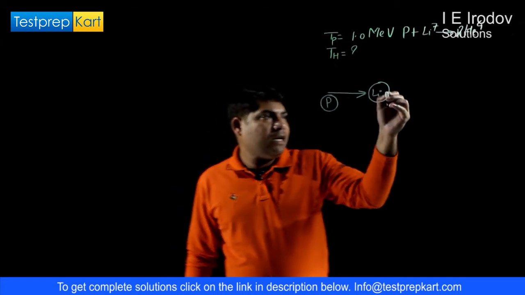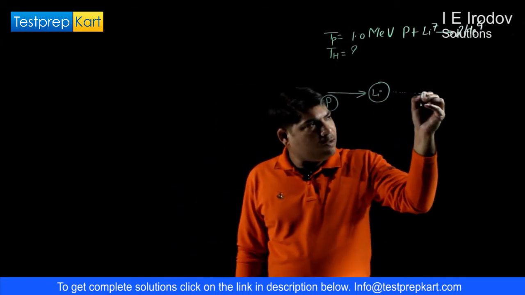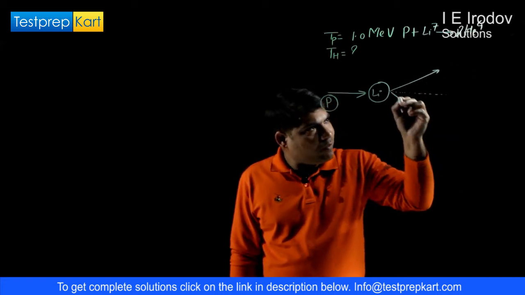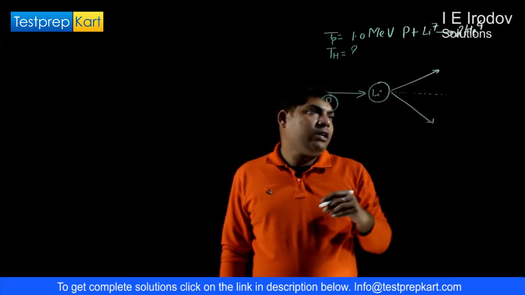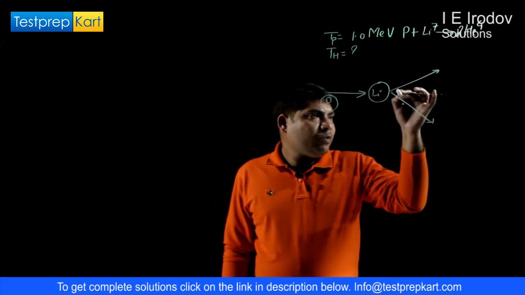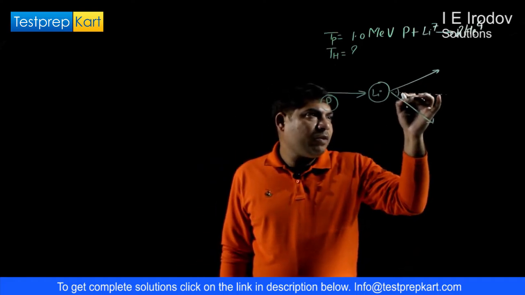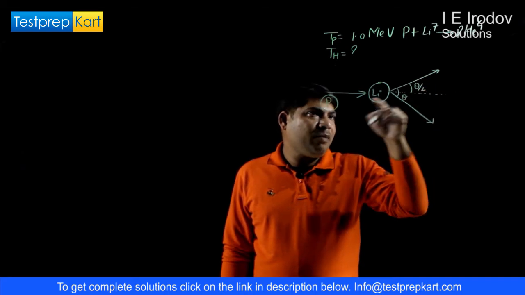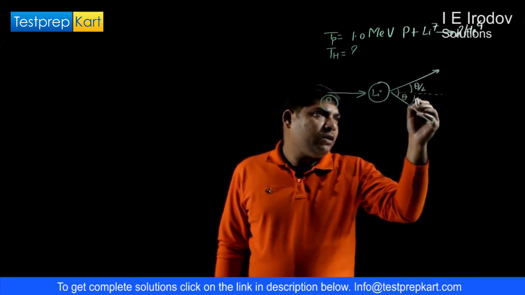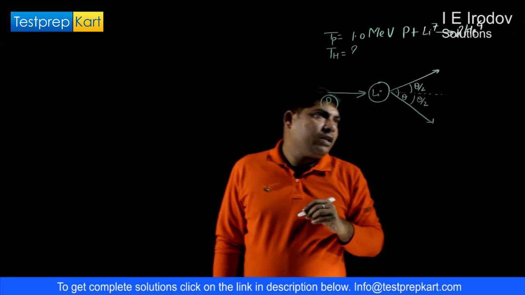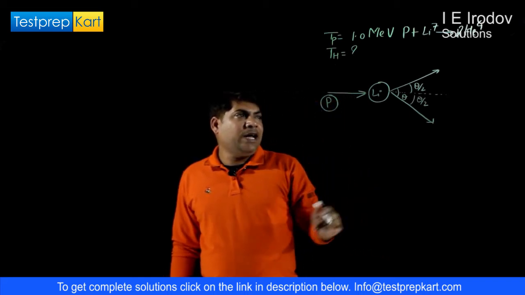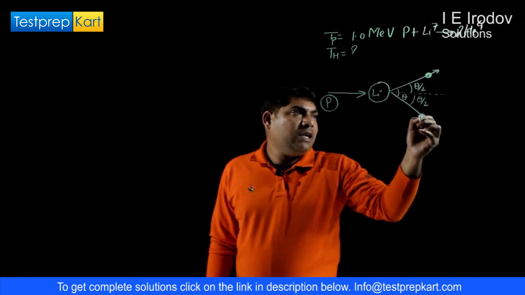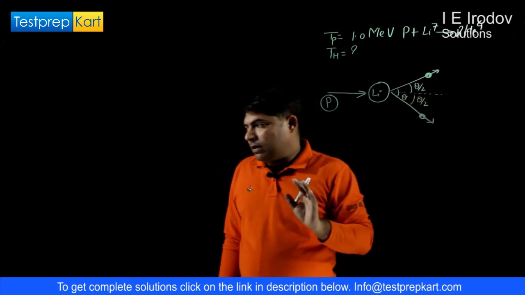When it strikes, it breaks into 2 alpha particles moving symmetrically in 2 different directions. Suppose they make a total angle theta, which we want to calculate. Since they move symmetrically with the direction of the proton, this angle will be theta by 2. So here we have to calculate first the energy of these 2 particles, and second the angle between them.